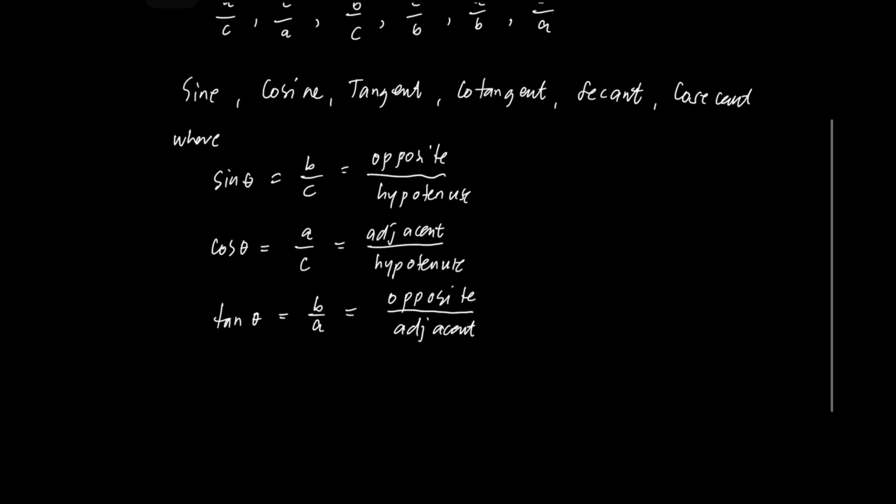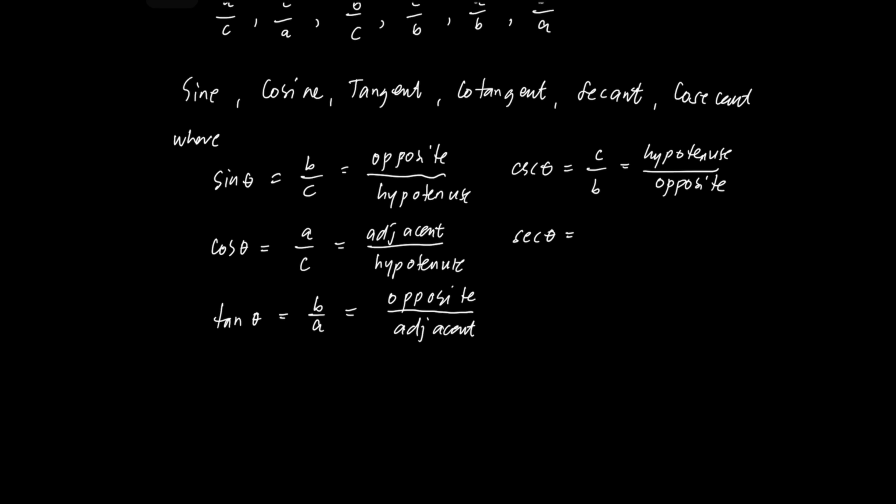Now we also have the cosecant theta, which is C over B, and C is the hypotenuse and B is the opposite side.